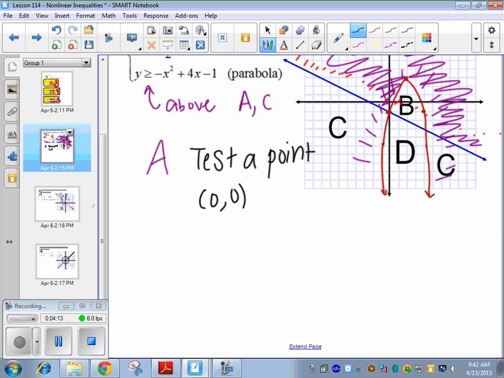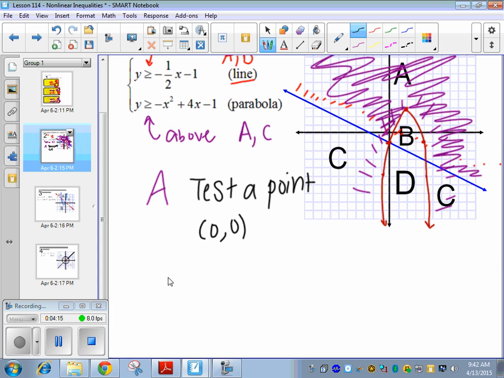All right, show me the substitution here. So 0 is greater than or equal to negative 1/2, and instead of x, we're plugging in a 0, minus 1. So this is the line. That cancels. So 0 is greater than or equal to negative 1. That is true.